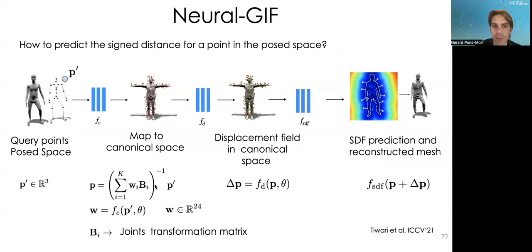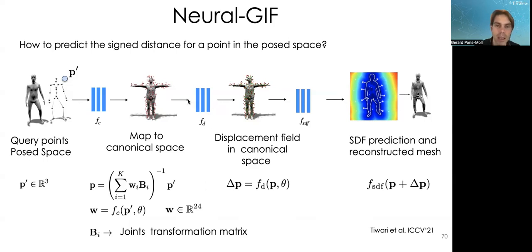Now, using the inverse skinning, which is nothing else than taking this linear blend and inverting it, I can obtain P, which are basically these red points, unposed to bring them here. And these Ws are predicted with the network f_c. B_i are known from the SMPL model.